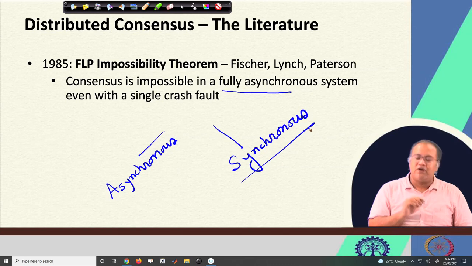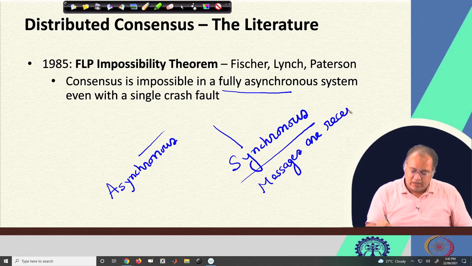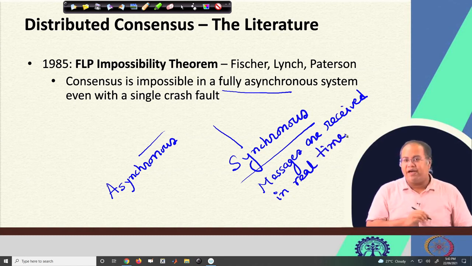In case of a synchronous communication channel, your messages are received in real time. What do we mean by real time? Real time basically means that whenever you send the message, the other person gets it.